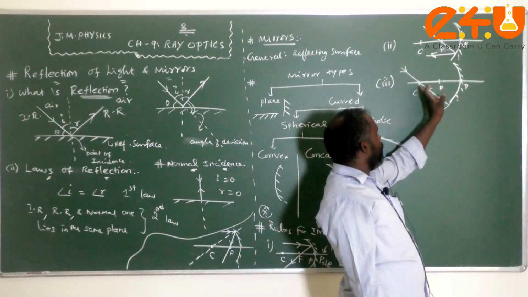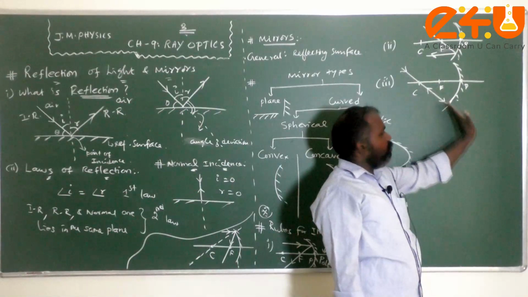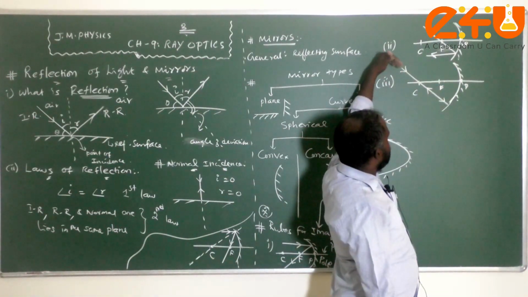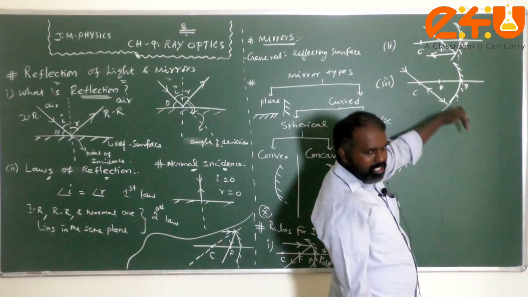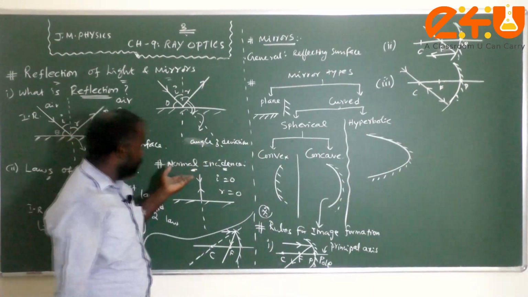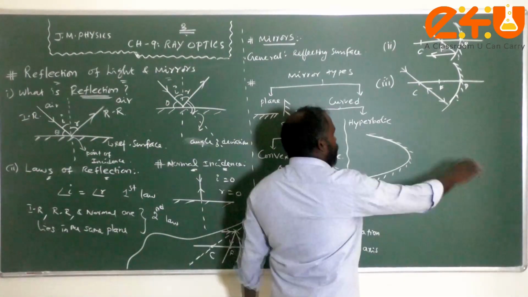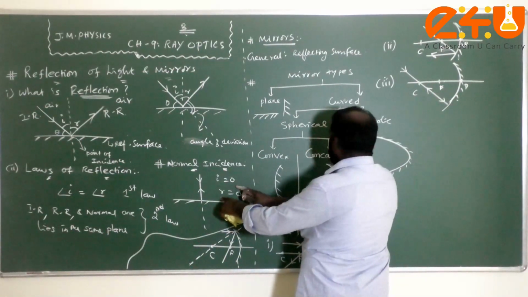So this is the center of curvature and the point of incidence. This line acts as a normal. Now the incident ray is lying along or passing through the normal itself. That is nothing but normal incidence. Therefore, in this case i equals 0 as well as r will be 0.